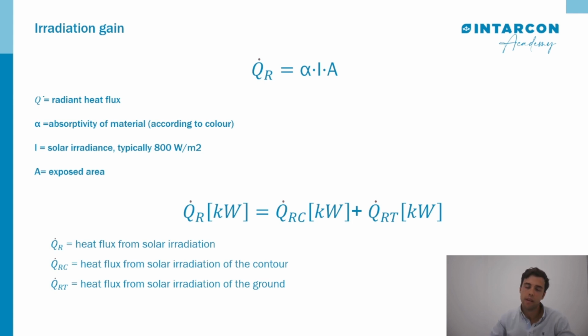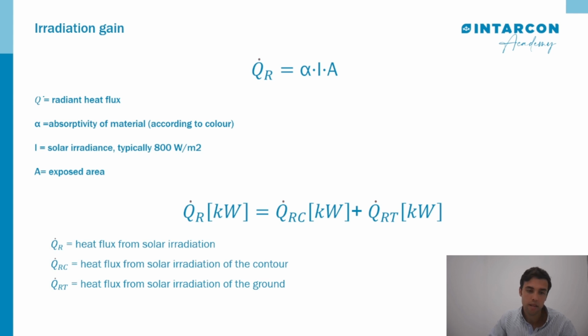In the time of the process. Next we will see the irradiation gain, that is the product of the absorptivity of the material according to the color. It will be different for a white color or a green color; the absorption of the thermal solar irradiation is different.